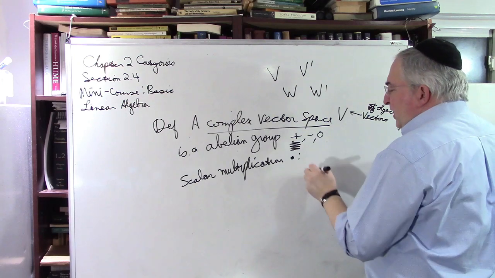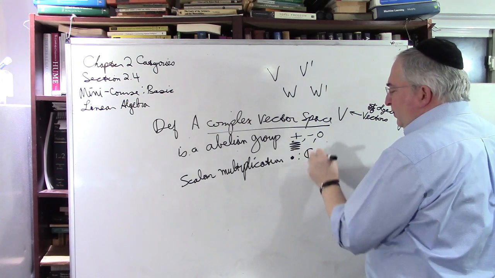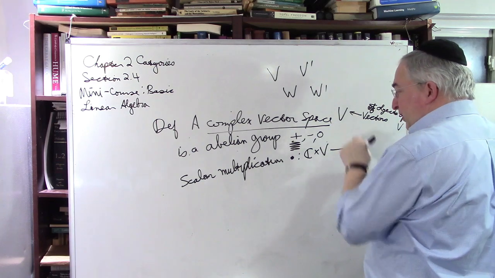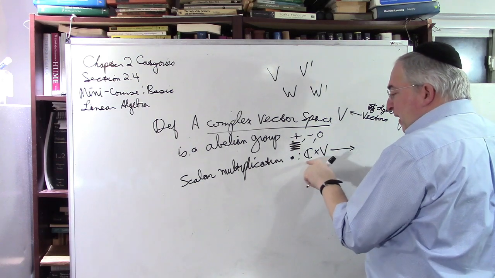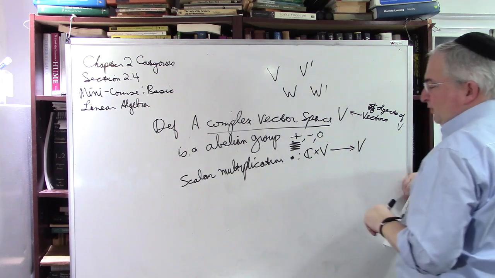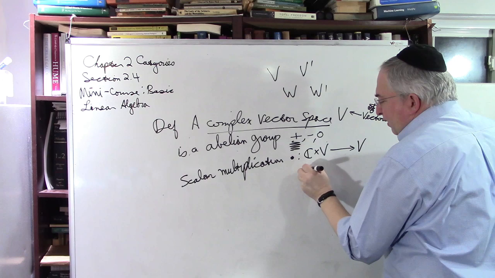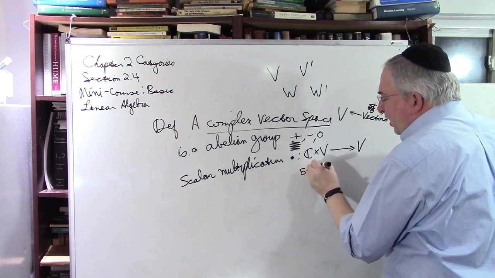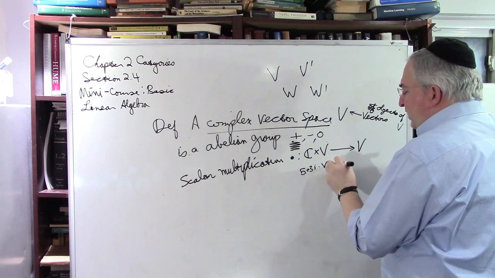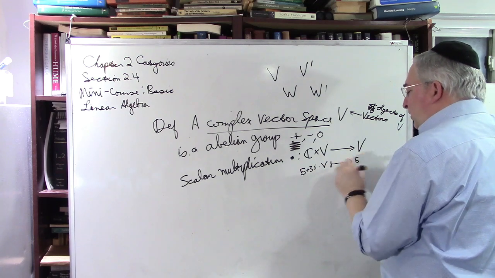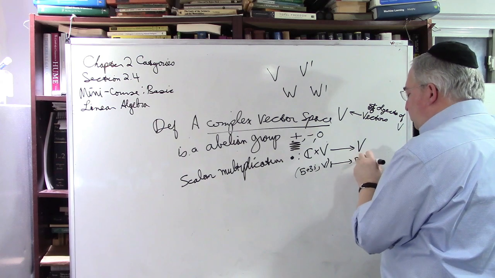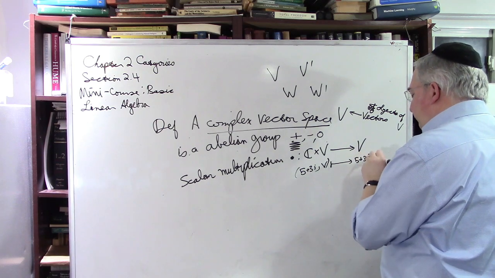It accepts a complex number and a vector, and this is the vector from here. So it takes pairs of these complex numbers and a vector, and outputs another vector. So for example, we might have 5 plus 3i, that's a complex number, times some vector v, and that goes to, comma, so these are a pair, and that goes to 5 plus 3i dot v.